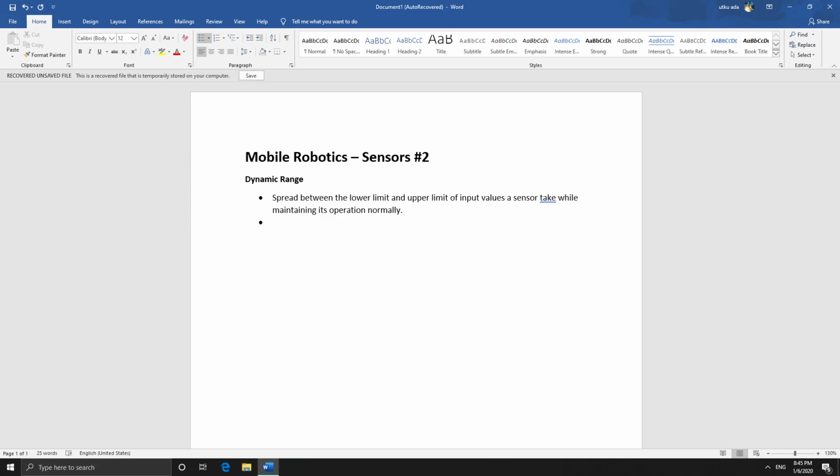This can be formally defined as the ratio between the maximum input value to the minimum measurable input value. But we often use decibels, which are used not only for sound but for measuring electric signals, which is usually what's useful with mobile robotics.